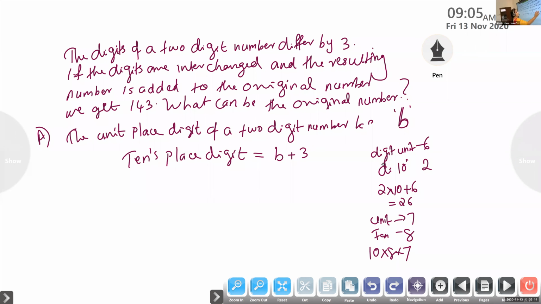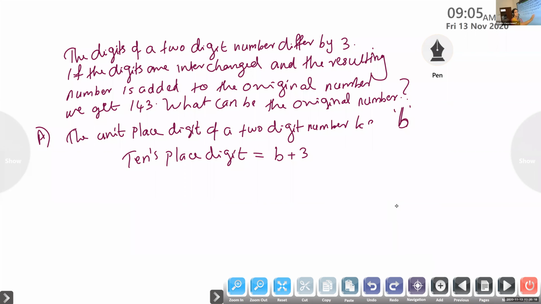Okay. The same way, we have a 2-digit number whose unit place is B and tens place is B plus 3. So what is the number then?